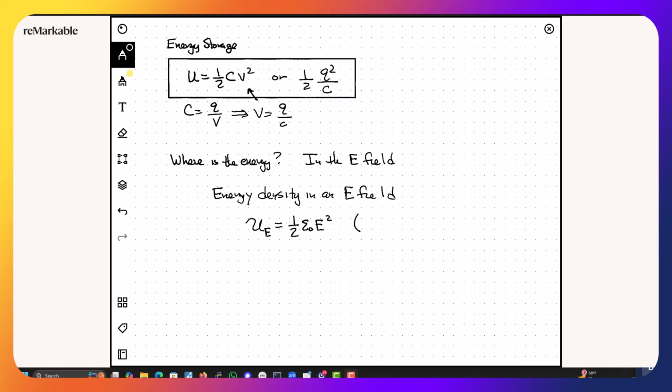And this is really an energy density. It's joules per cubic meter. So if you know the field, you can figure out how much energy is in the field itself. And at some point, if you have a big enough field, all kinds of wild things can happen if the field gets to be too large.